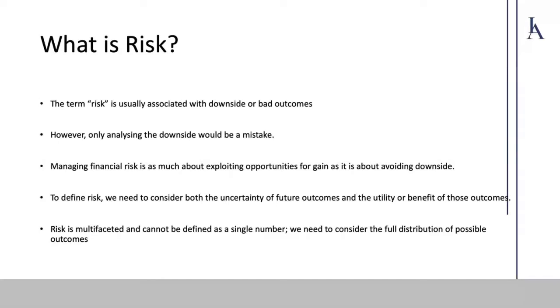It is important that when we look at financial firms, we review the risk they have as the distribution of profit and loss. It gives us the understanding that risk is multifaceted and cannot be defined as a single number. Therefore, we need to consider the full distribution of possible outcomes which come with the portfolio.